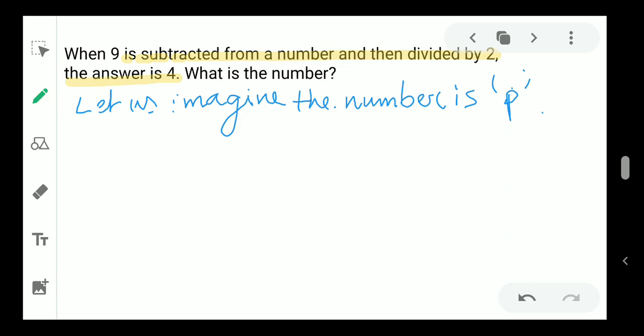When 9 is subtracted from a number, so from P, because that number I have taken as P, if I subtract 9 from P first, and then divide by 2, so if I divide the whole thing by 2, the answer is 4. So my answer should equal 4. See, this is my equation.